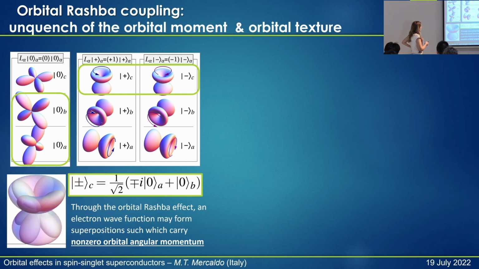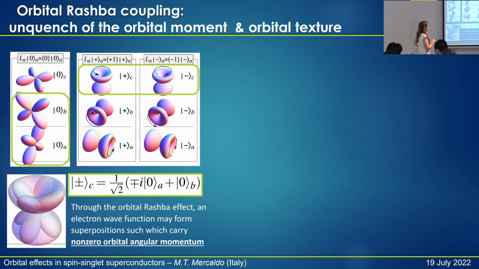So we can have a superposition of these two, which leads to an electron density that has a non-zero orbital momentum, which can be +1 or -1, of course, with the h bar not written. I'm not using the conventional color code for complex wave functions, but this is actually the plot of the square modulus.